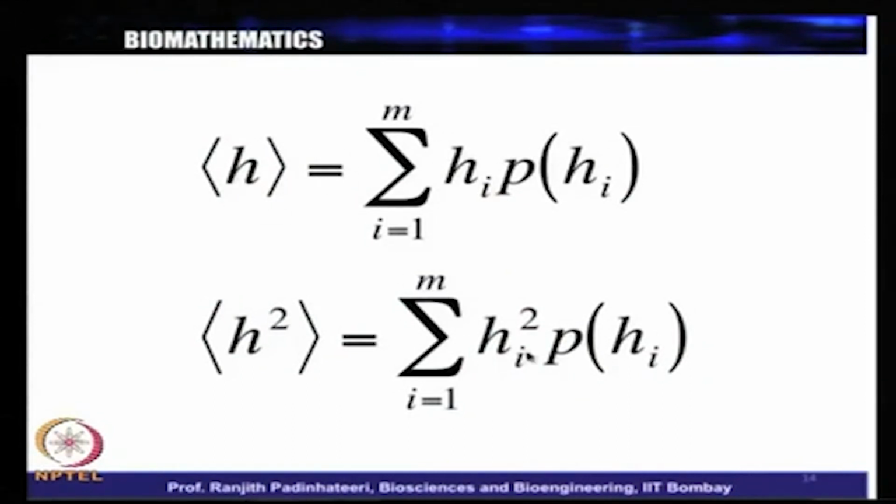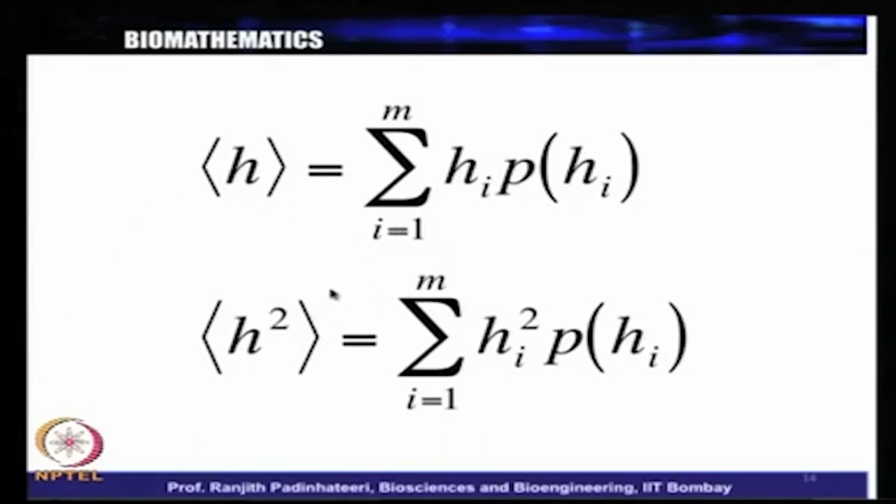And if I calculate the sum of hi square P of hi, this will give you the square average. So, we have h average and h square average. This is essentially the same way we had calculated this. Instead of summing throughout the data set, we can multiply with the probabilities and sum like this.